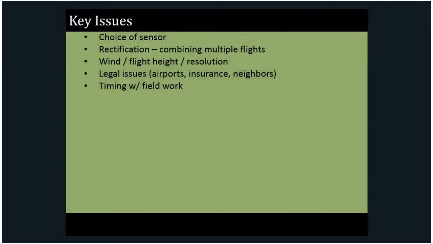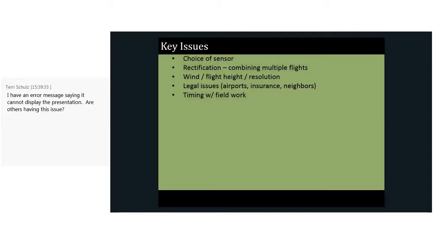We also had to think about things such as wind, flight height and resolution. And EB, before we flew with them, were quoting, you can fly in 10 to 15 miles an hour, it's not a problem. But when we got there and the wind started picking up, it did become a real problem. So you are limited usually to morning flights where there's less wind, and things like that.